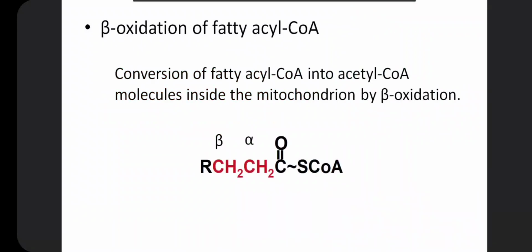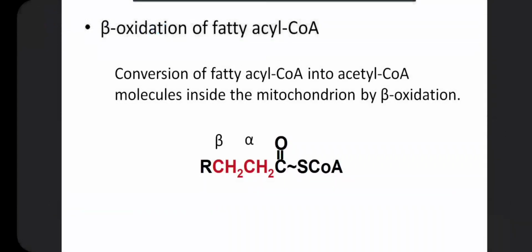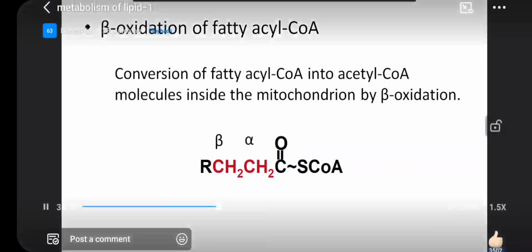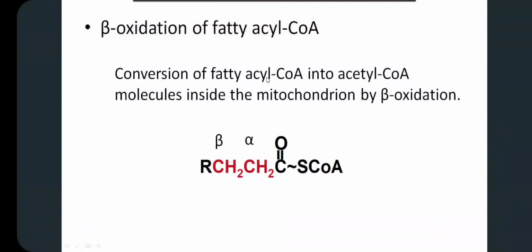And then after entering the matrix, the fatty acyl coenzyme A can be oxidized. That means the conversion of fatty acyl coenzyme A into acetyl coenzyme A molecules inside the mitochondria by a series of reactions, and we name this reaction beta oxidation.